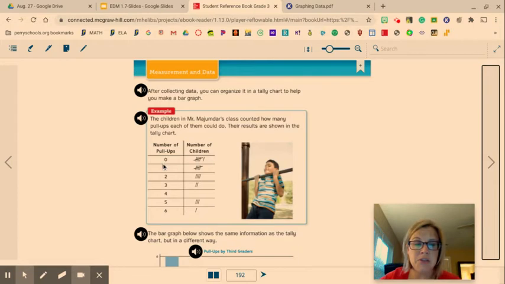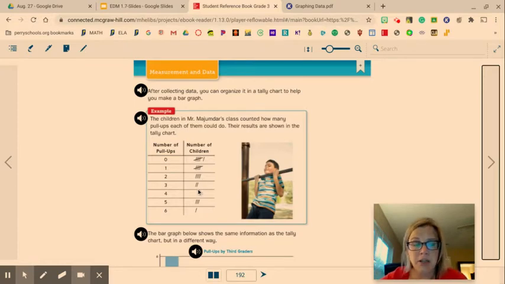The number of children that could do 0 pull-ups were 5, and then one more is 6. The number of children that could do only 1 pull-up, there are 5. The number that could do 2 pull-ups, I don't have that cross, so it's not 5. It is 1, 2, 3, 4, 5.